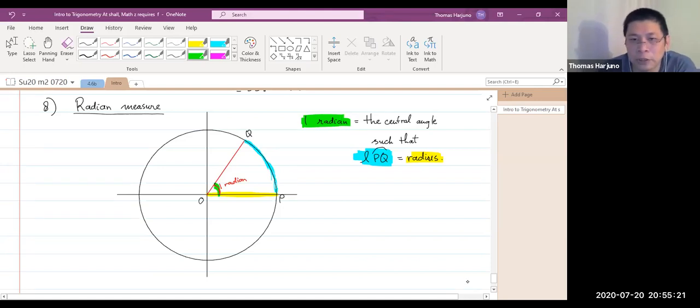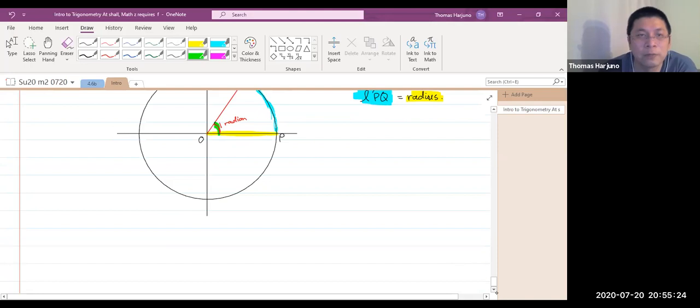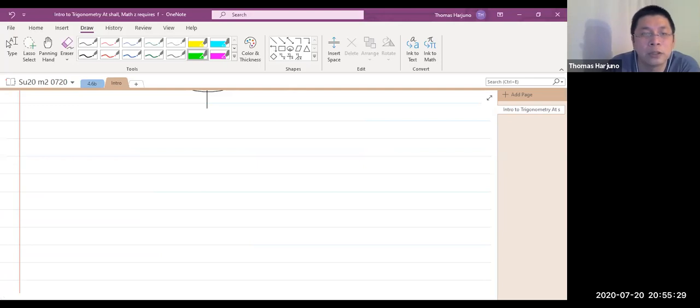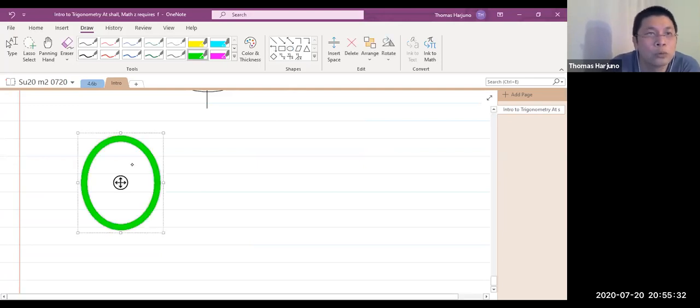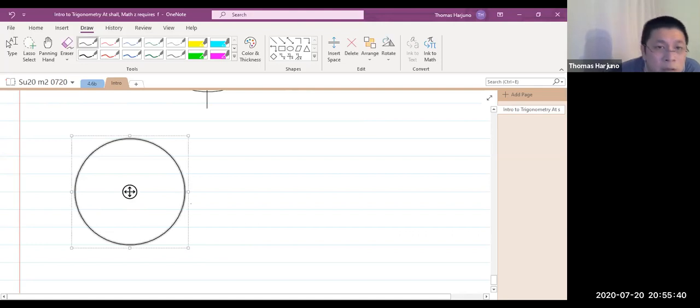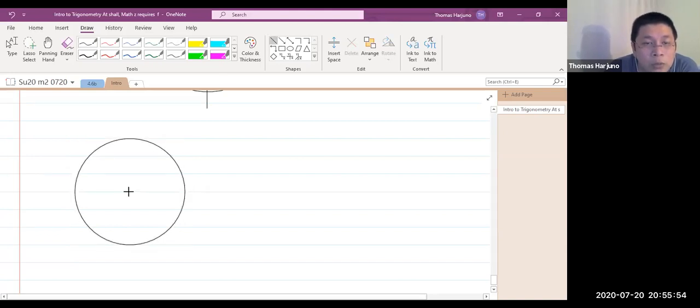Now, the further definition: suppose I have a circle, and I want to get the radian measure of, let's say, this angle.